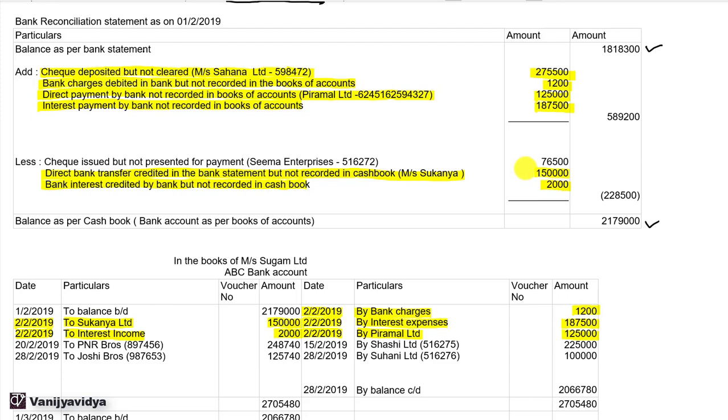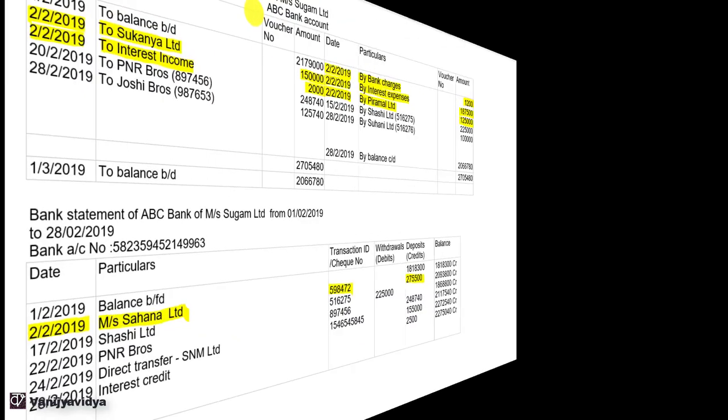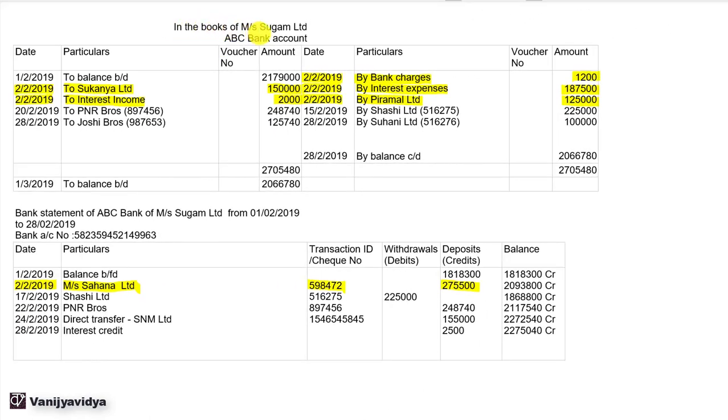Now let's see our bank account as per books and our bank statement and find the common transactions in both. So this is our bank account as per books and this is a bank statement. Now let's see the debit side of our bank account first.